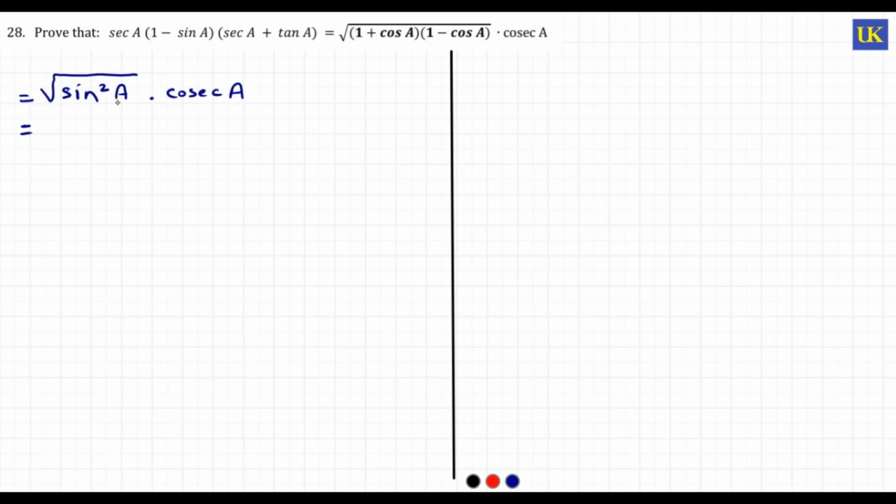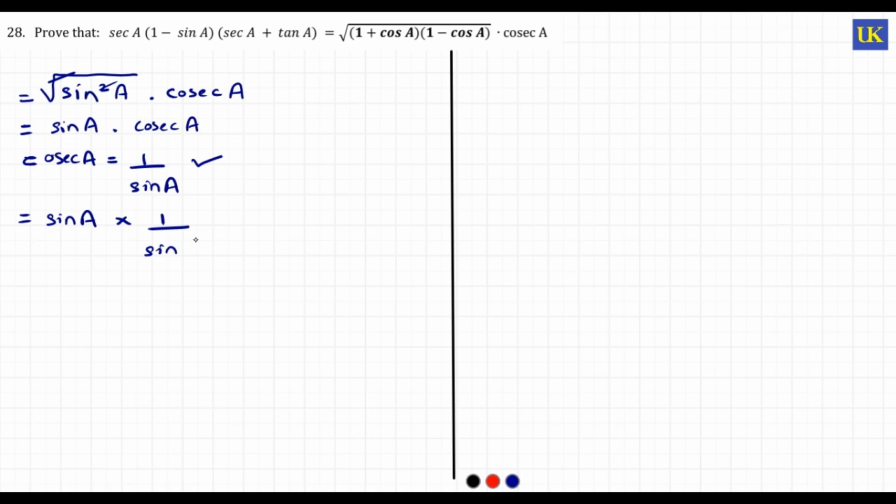Now this is under root sine square A. So the square root and the square will get cancelled, and what we will have is sine A into cosec A. We know that we can write cosec A as 1 upon sine A. So sine A into 1 upon sine A, and sine A and sine A will get cancelled, and what we will get is 1.